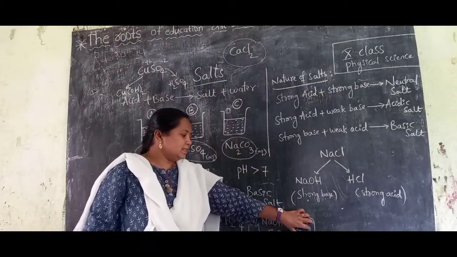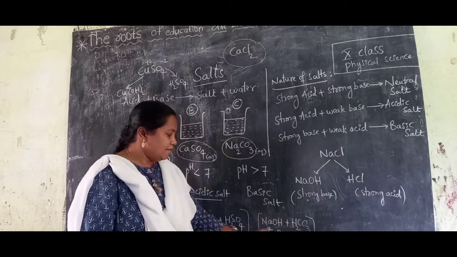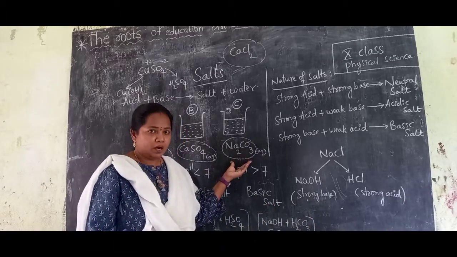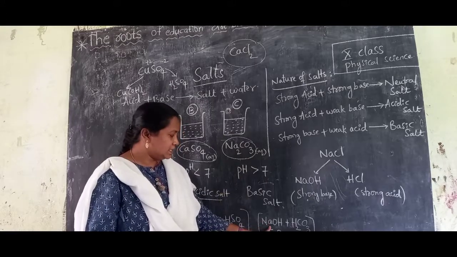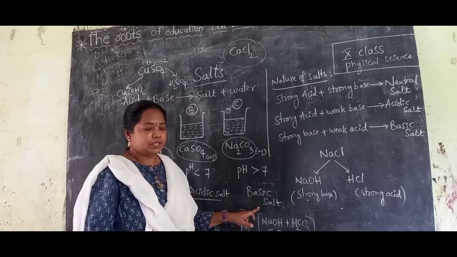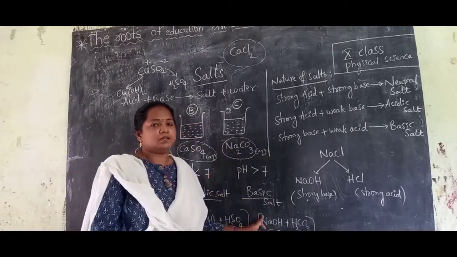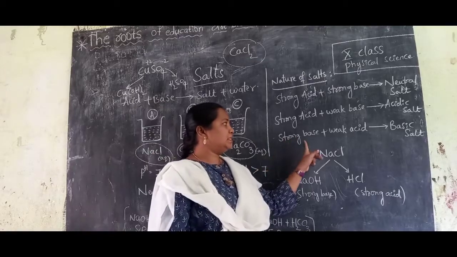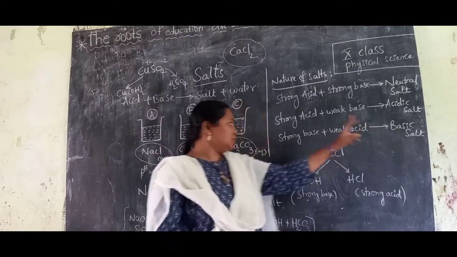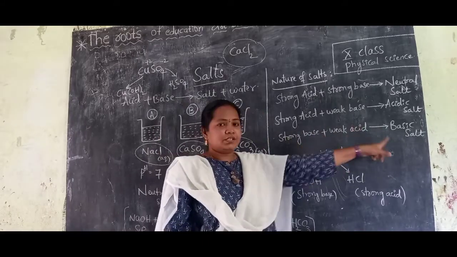As carbonic acid is a weaker acid, it does not play any important role, whereas the strong base decides the nature of the resulting salt. As it is the strong base, the resulting salt also will have basic nature. Sodium carbonate is a basic salt. See here, a strong base plus a weak acid gives rise to a basic salt. The salt which is formed from a strong base and a weak acid will have the basic nature.